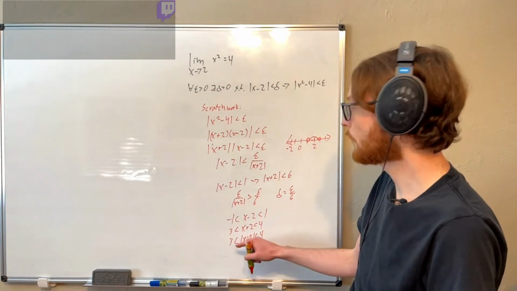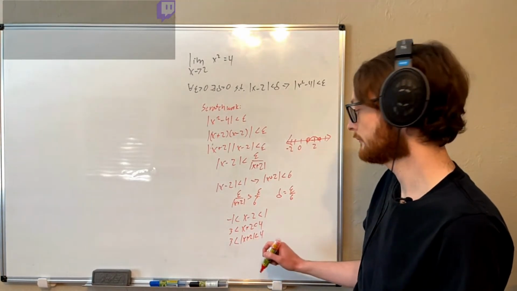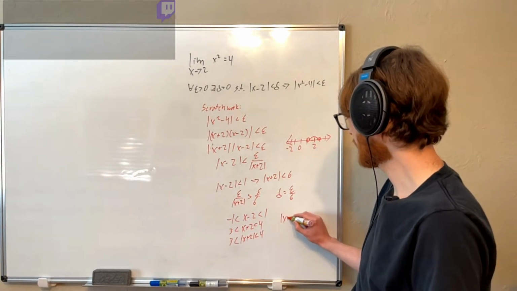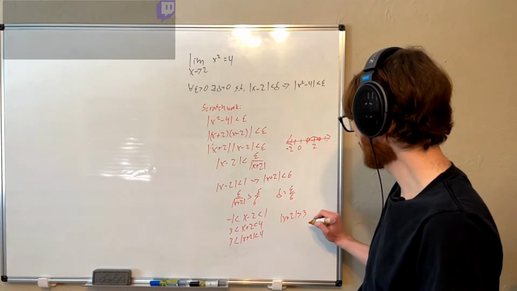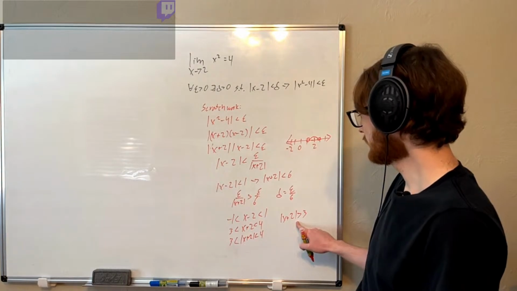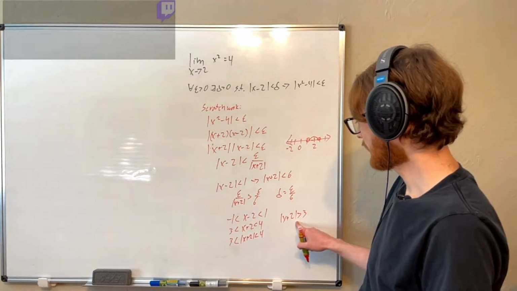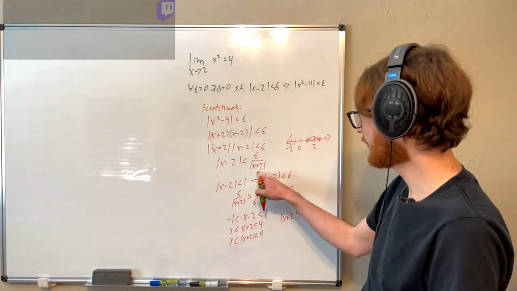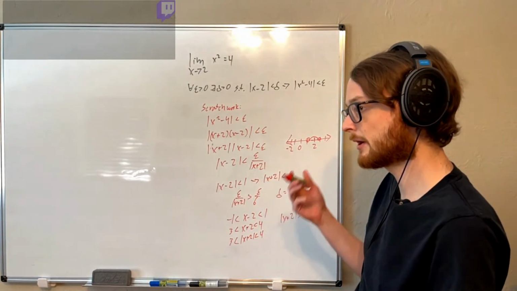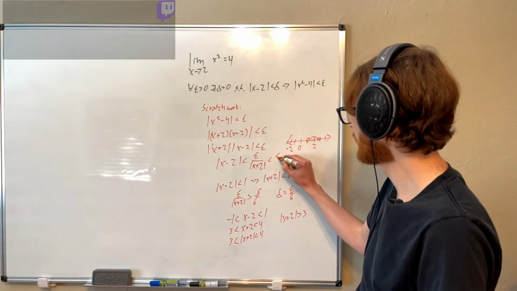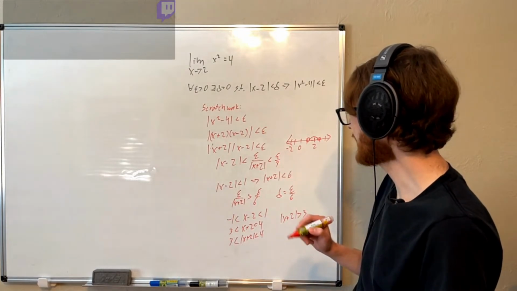Because we want something that's, if x plus 2 is greater than 3, then if we divide by a number that's smaller, we get a bigger number. That's what I was missing.